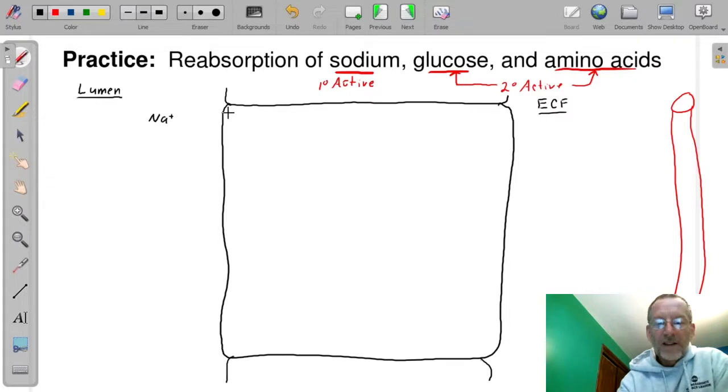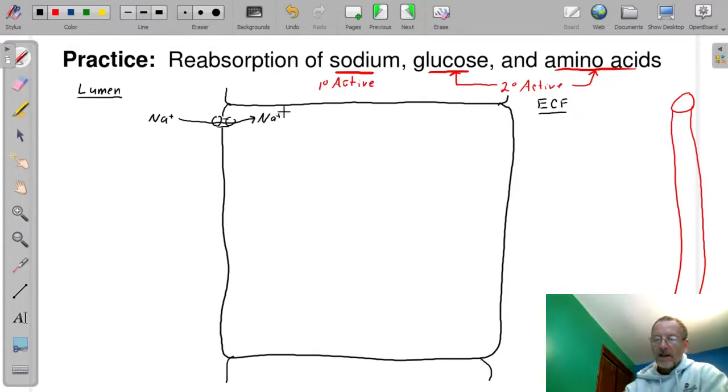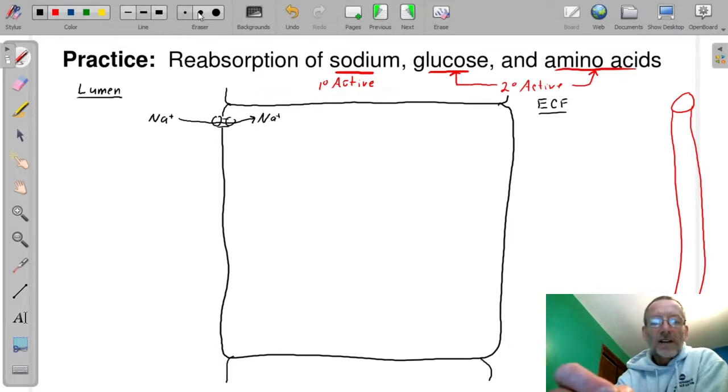Some of that just leaks through little diffusion channels, and the sodium enters the cell down its concentration gradient. And then let's put in a sodium-potassium pump.